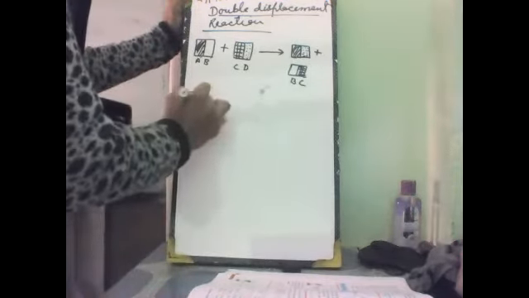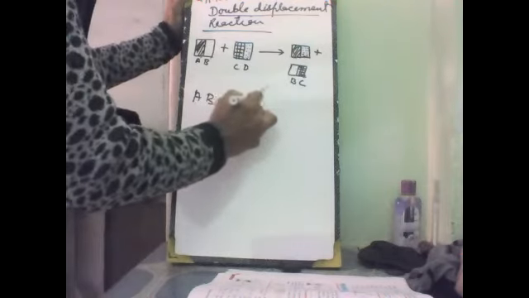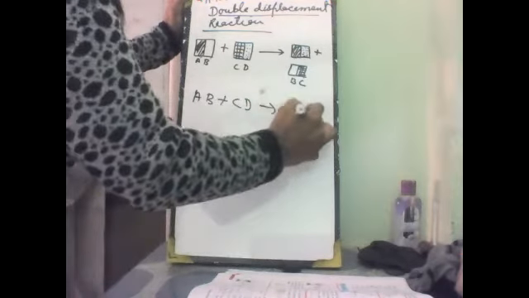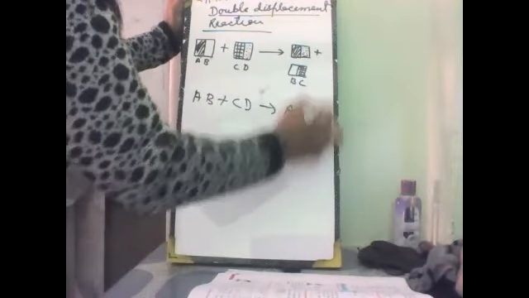When A and B react with C and D, they form AD and BC.